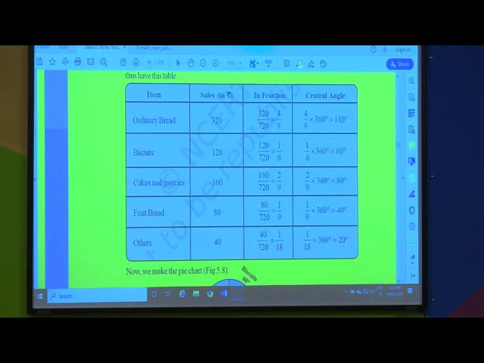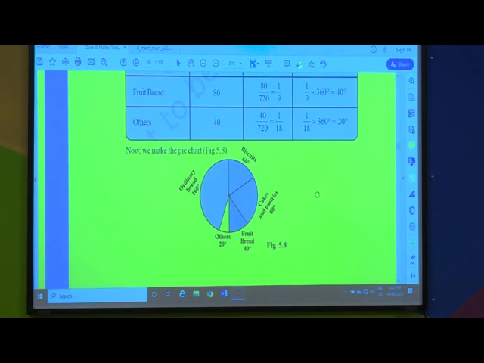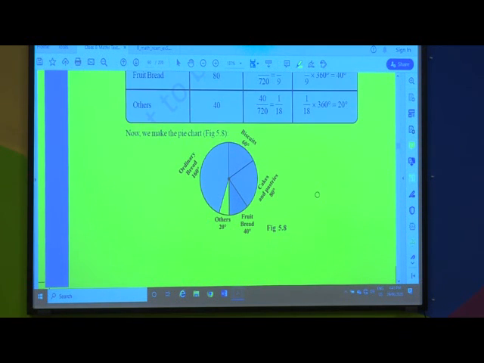Children, just add all the degrees. Again you will get the total of 360 degrees, because it is a single circle we are dividing into parts. Now see here the pie chart that has been made. This is 160 degrees. What is it?